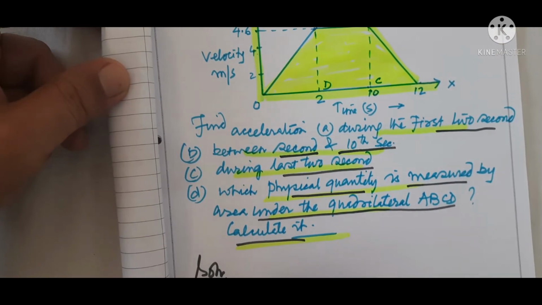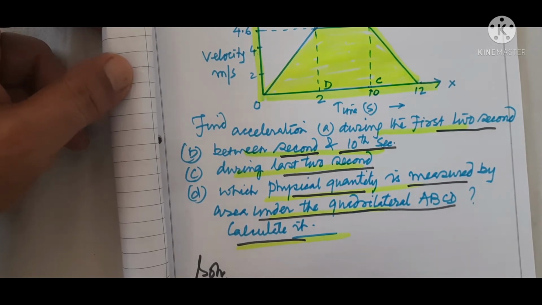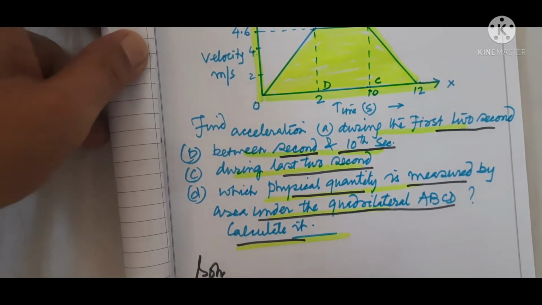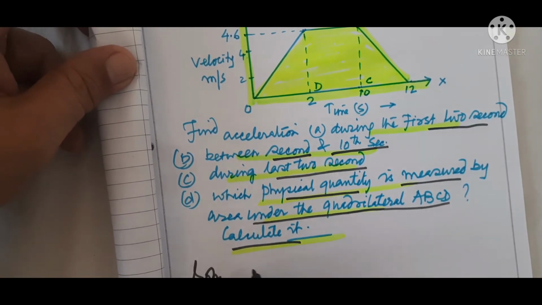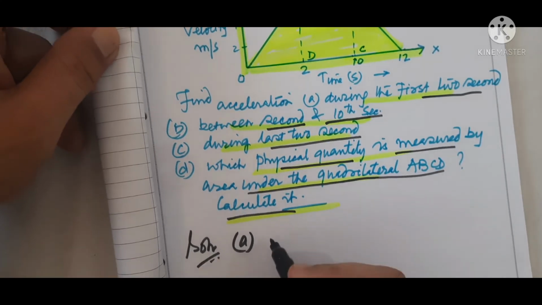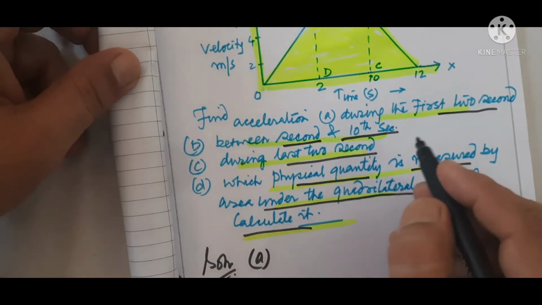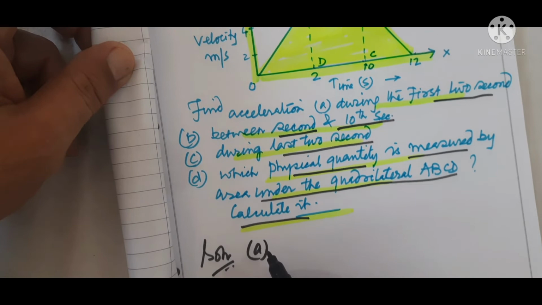So first we have to find the acceleration. The basic principle: rate of change in velocity, that is, net change in velocity by net time taken to change the velocity. So number A, acceleration during the first 2 seconds.